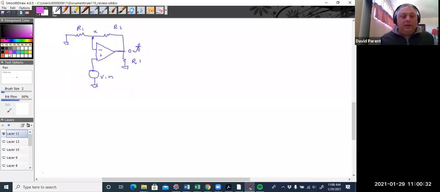So this is the non-inverting configuration, right? I have grounds, right? They're all connected together and they're all assumed to be 0. I have, I guess I'll call that Vn, that node, or just call that node N.